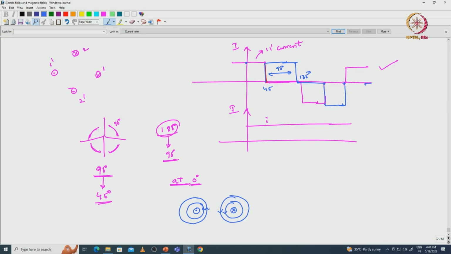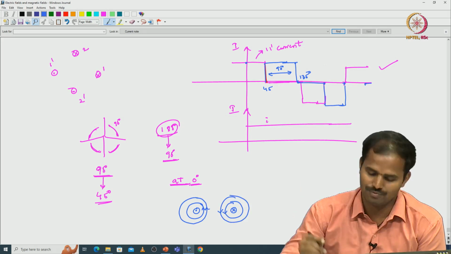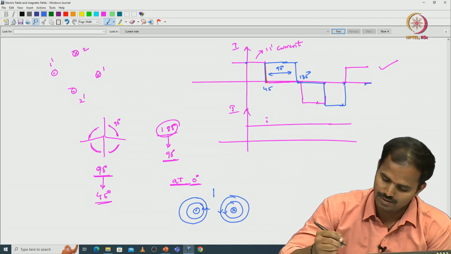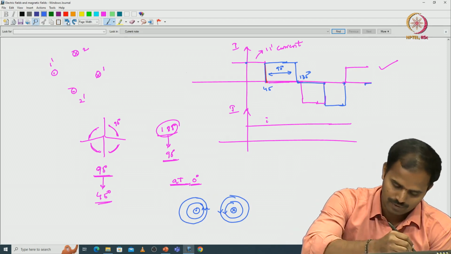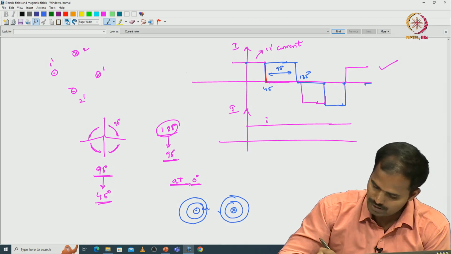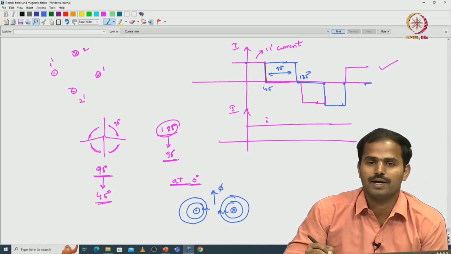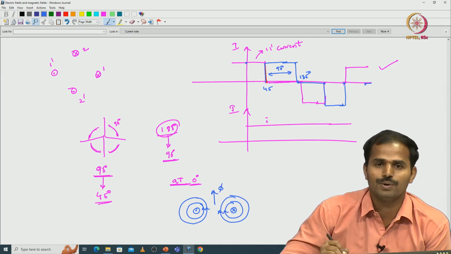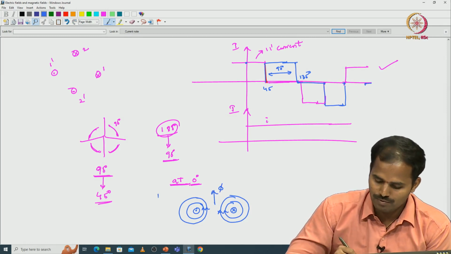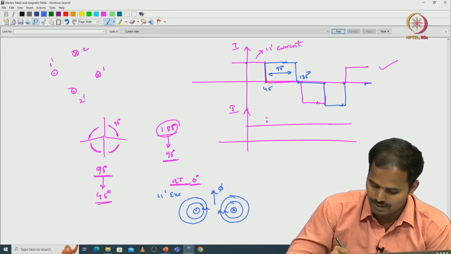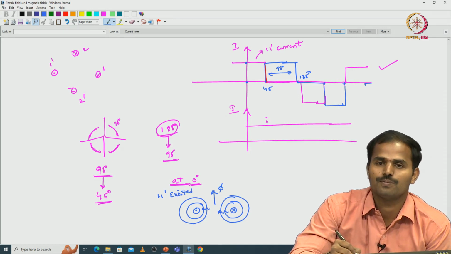Just a simple thumb rule I am applying to visualize the magnetic fields. So, the resultant fields will be in this direction at 0 degrees. Only 1 dash is excited and 2 dash current is 0.